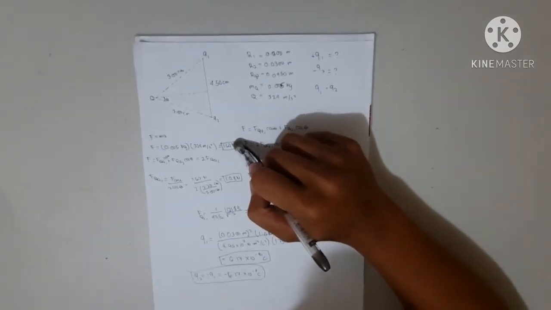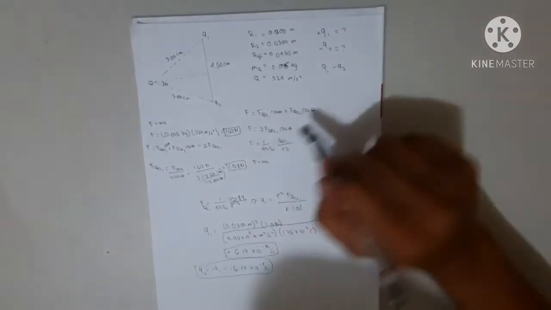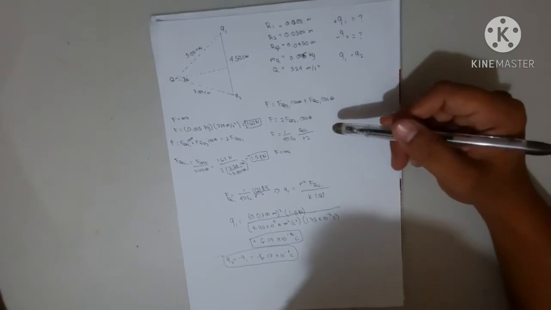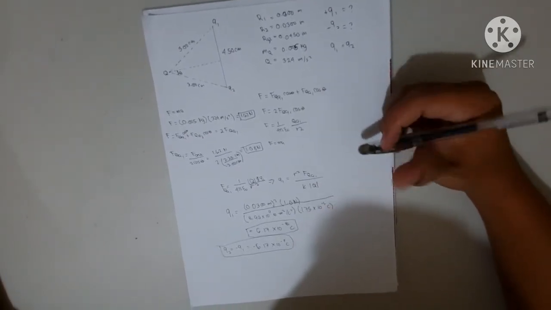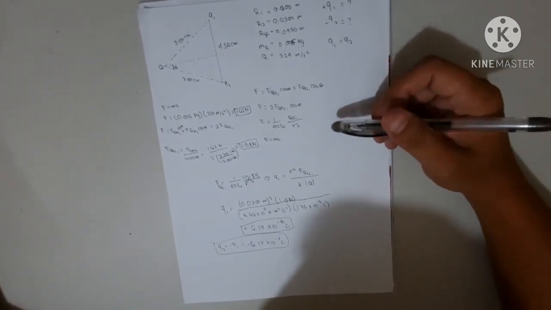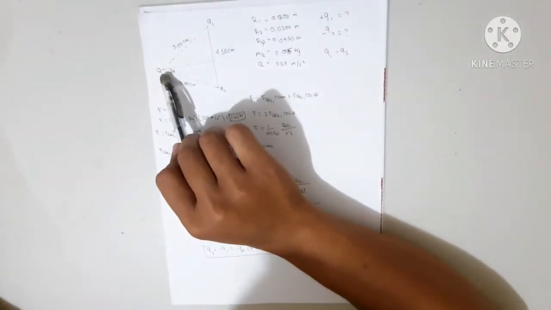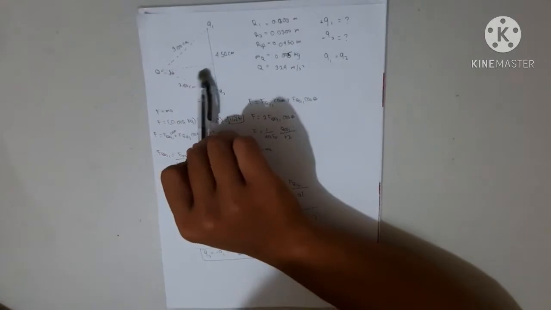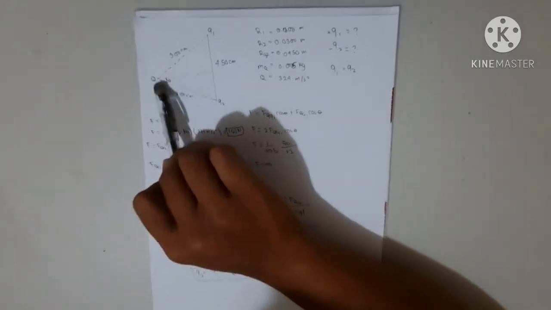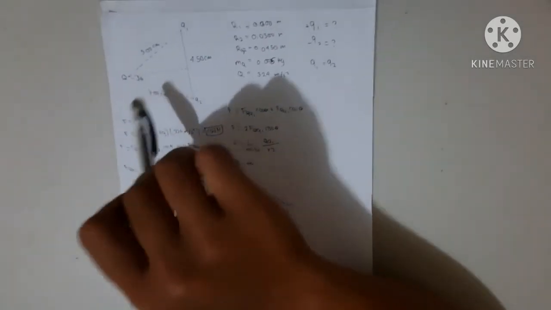And now we want to add the force components, calling theta the angle between the line connecting Q1 and Q2, and the line connecting Q1 and Q. That's the reason why I was able to put this line.